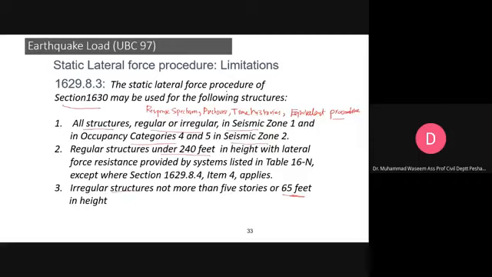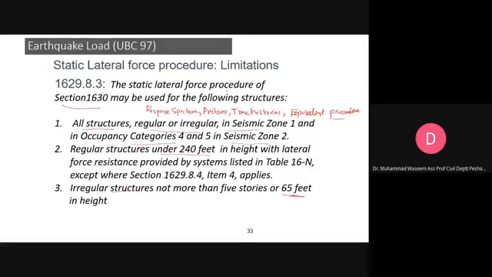So this slide is showing the limitations of the static lateral force procedure. Okay, for what kind of buildings is this procedure applicable? For example, all the structures which are regular, meaning they do not have irregularities, or irregular structures which are located in seismic zone 1, and in occupancy category 4 and 5 and zone 2.